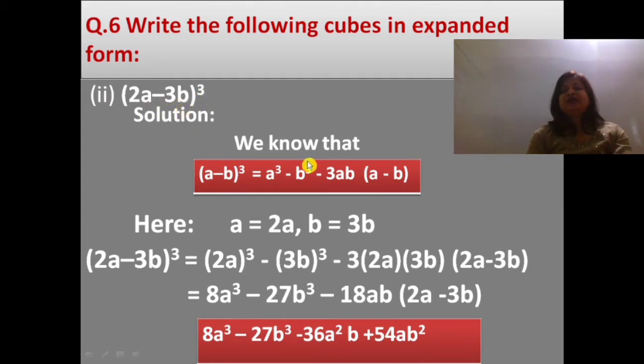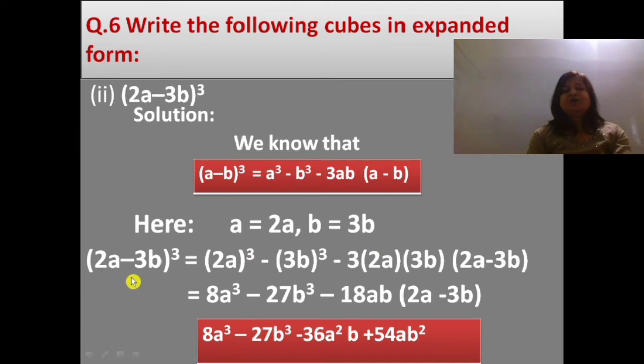So we know that (a - b) whole cube is equal to a cube minus b cube minus 3ab into (a - b). a minus b and 2a minus 3b. So here a is equal to 2a and b is equal to 3b. Now we will put the values of a and b in this whole formula.